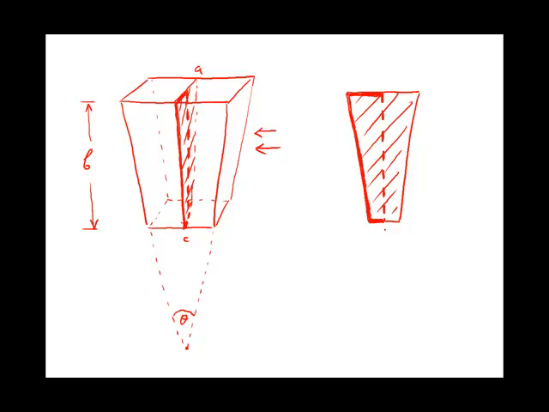This length at the bottom is C, because apparently the base of my pyramid is a square.